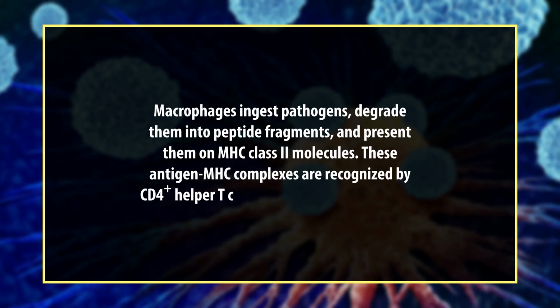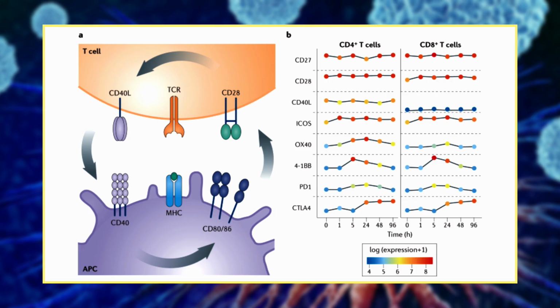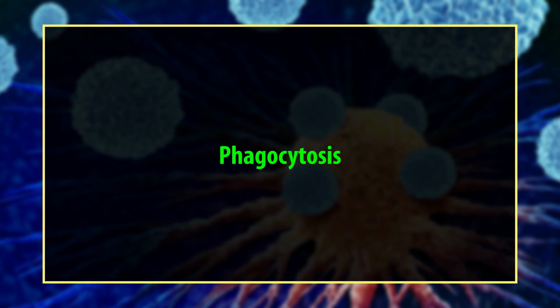These antigen MHC complexes are recognized by CD4 helper T cells, initiating their activation. They also express co-stimulatory molecules, for example CD80 or CD86, needed for full T cell activation.